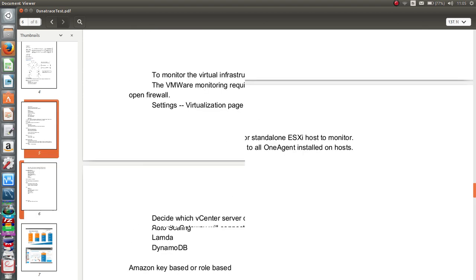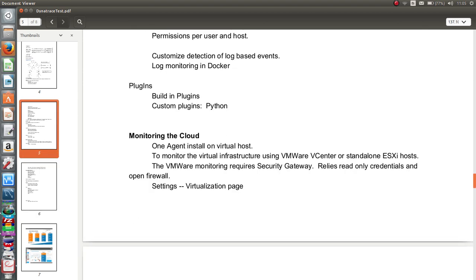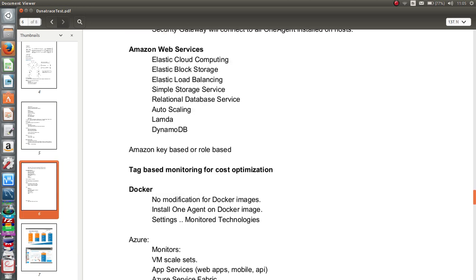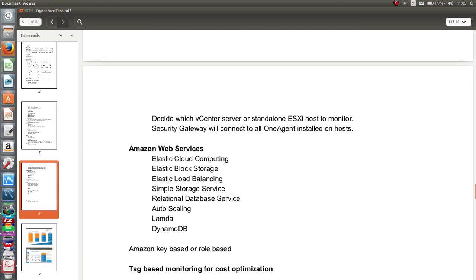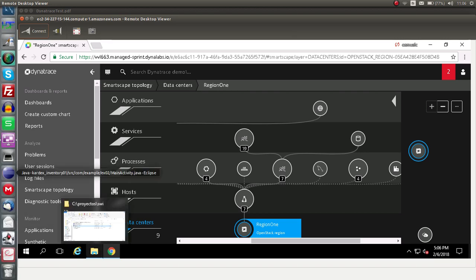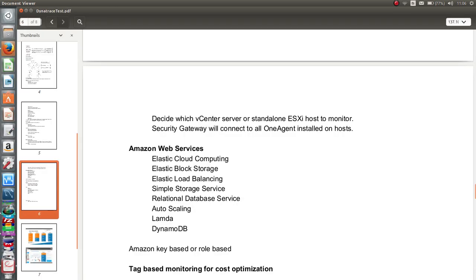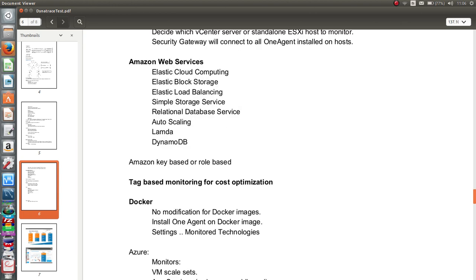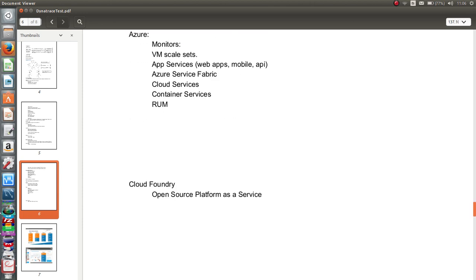Okay, this is something that we are going to see afterwards, but it is very important to understand that this lower part, where hosts are running, these data centers, could be part of a larger topology, which could be monitored by Dynatrace using Amazon Web Services, Docker, or Azure.